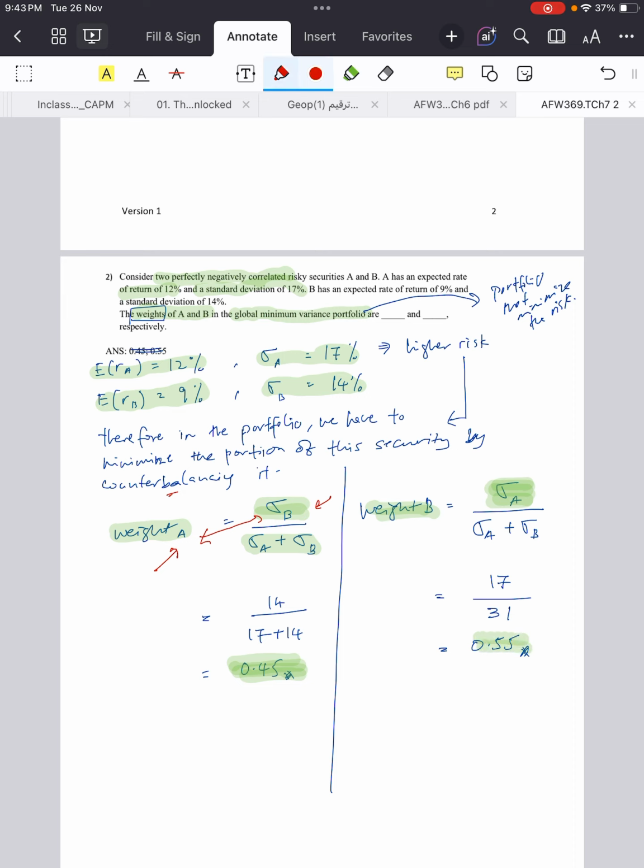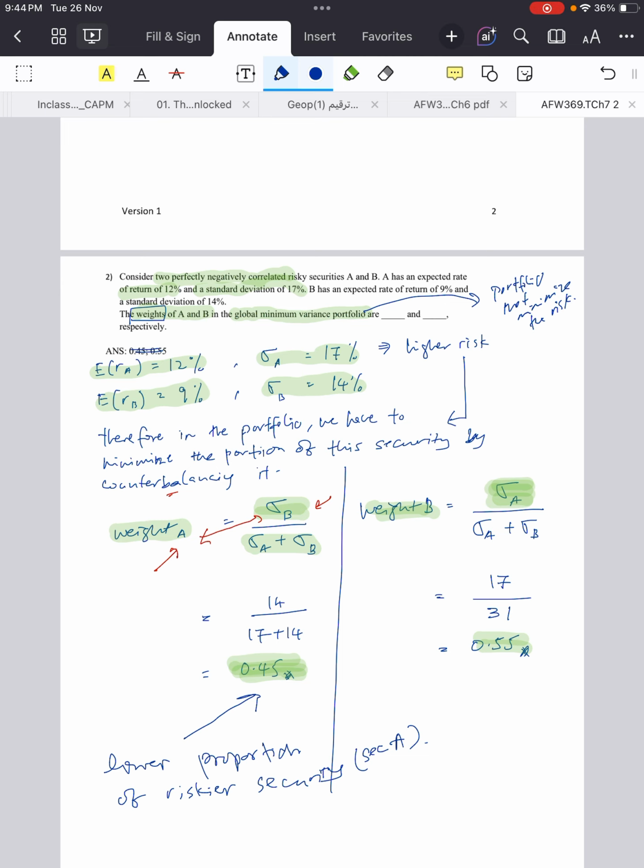So this justifies that your portfolio has a lower proportion of the riskier security, which is security A. I hope you can understand this one.